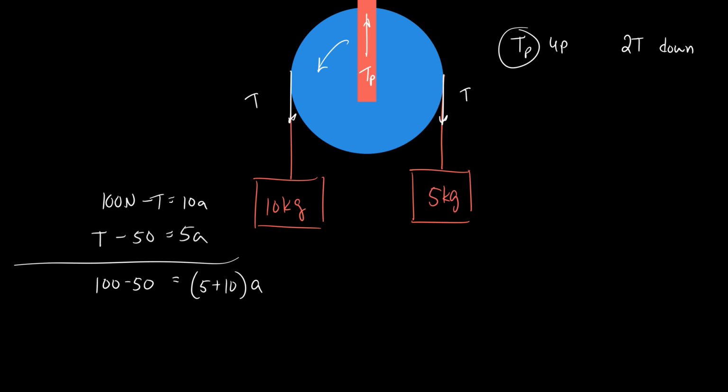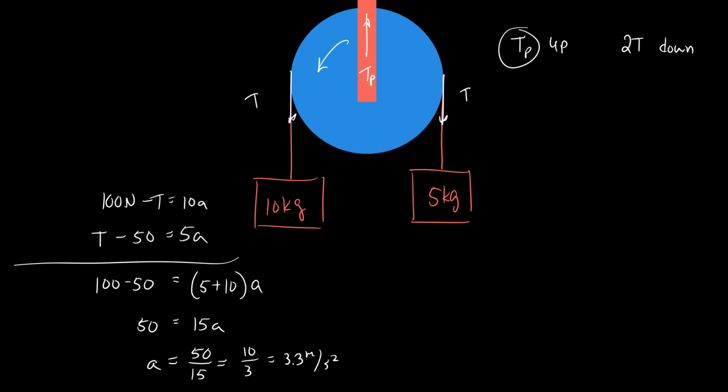We still doing okay? So 50 equals 15A, or A equals 50 divided by 15, which is 10/3 or 3.3 meters per second squared. I think that's right.